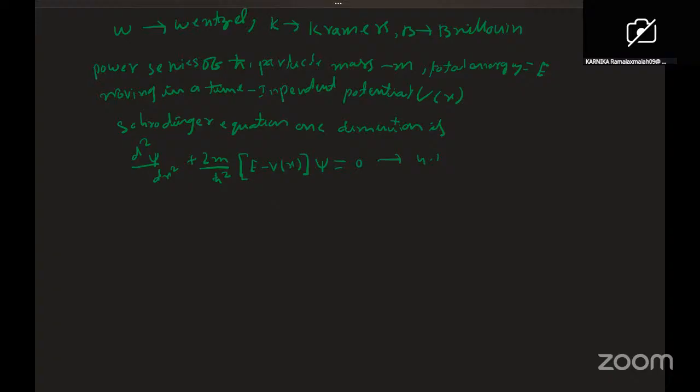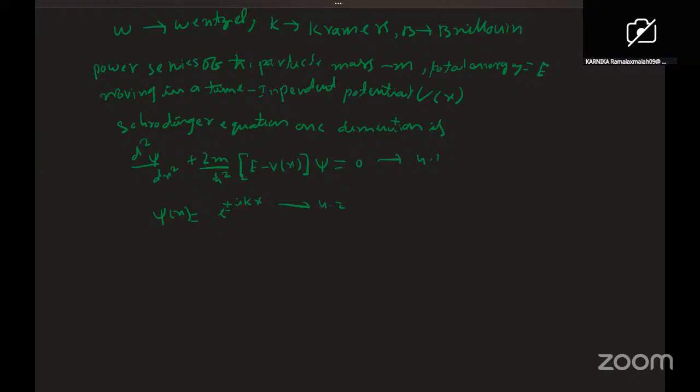So if the particle is moving in a region of constant potential, the solution of the above equation is of the form psi of x is equal to e power plus or minus ikx.